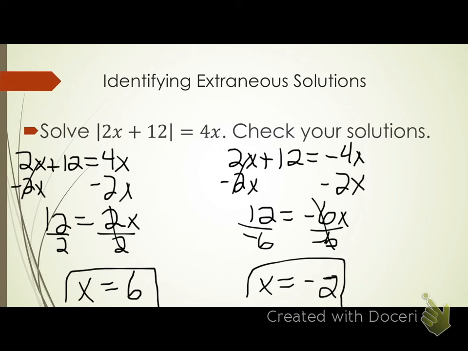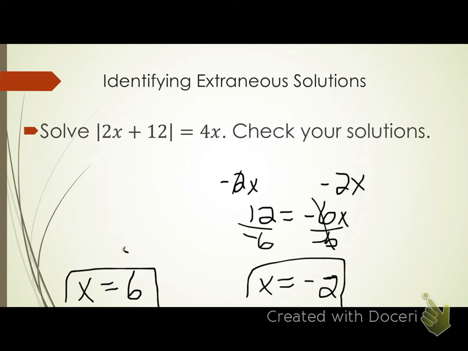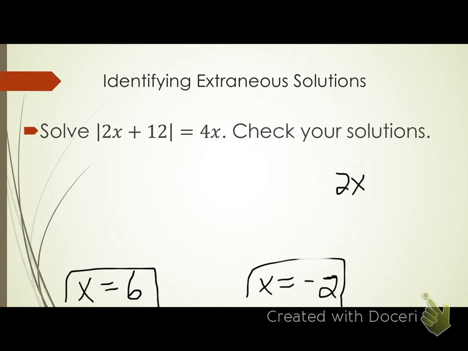Okay, what does it tell me to do next? Check my solutions. Can I erase my work up top so I can have room to check? So I'm just plugging 6 in first.